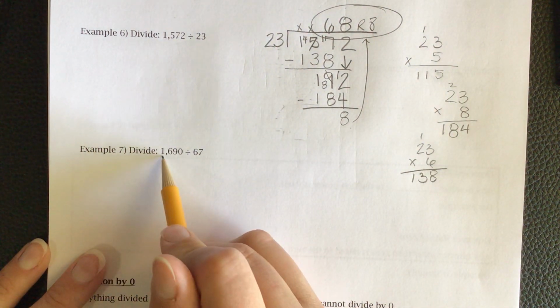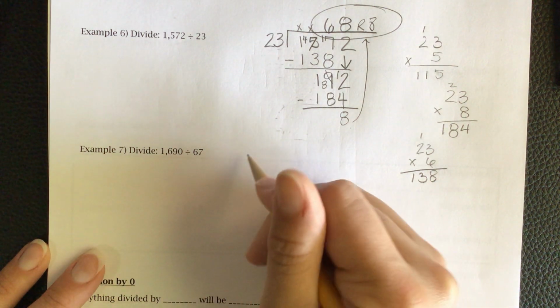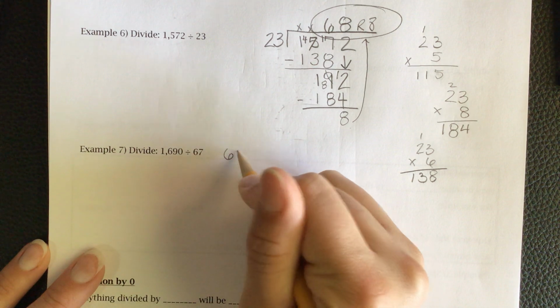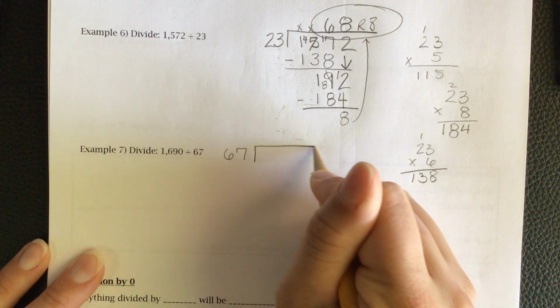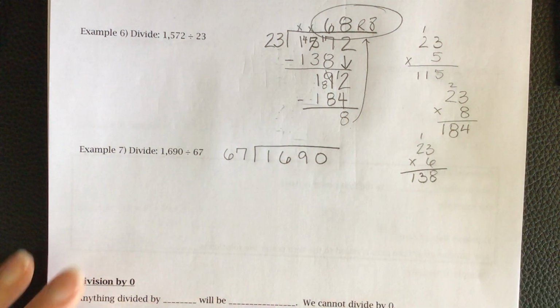So now we're going to divide 1,690 divided by 67. So we have 67 on the outside, 1,690 on the inside.